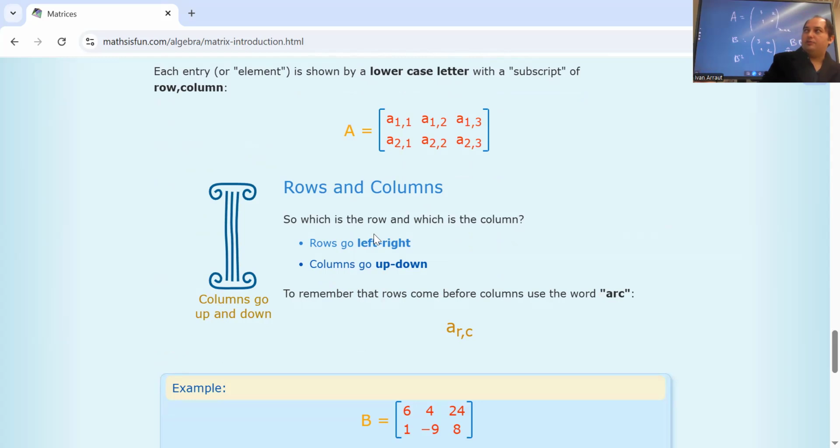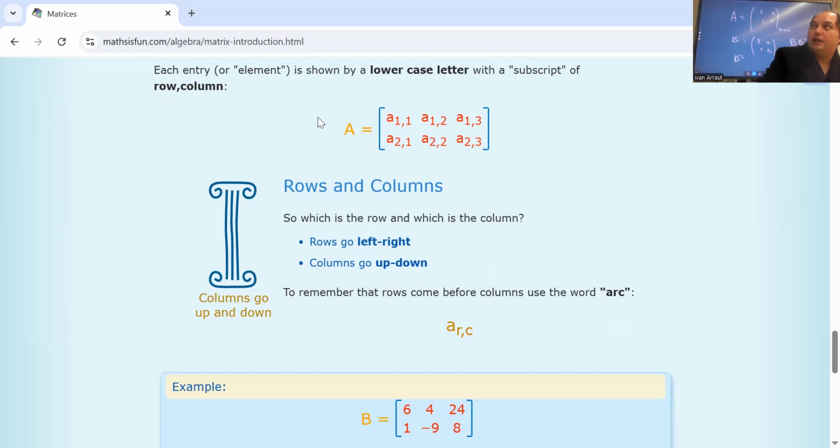For the second row, all the first numbers are 2: 2,1, 2,2, 2,3, 2,4, 2,5, 2,6. And if there is a third row, it will be 3,1, 3,2, 3,3, 3,4, and so on. It's just notation, because you can talk to your friends about the element 1,1. You need to give the coordinates of the element.